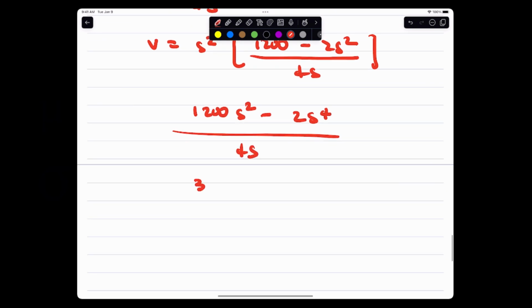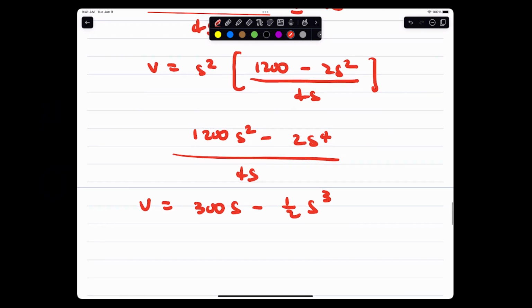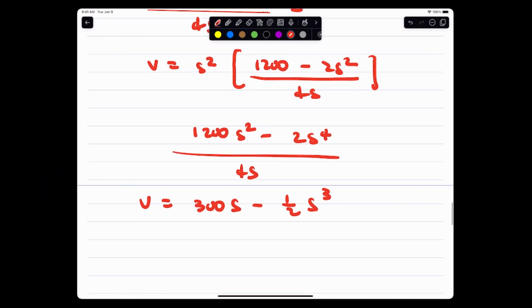Now that'll be what? 300S minus, is that 1/2 S cubed? Double check now. Yeah.